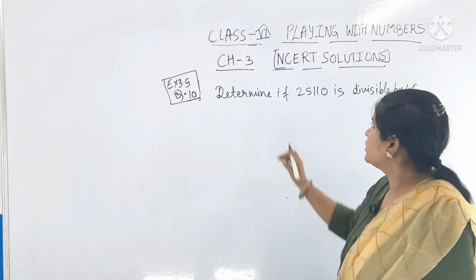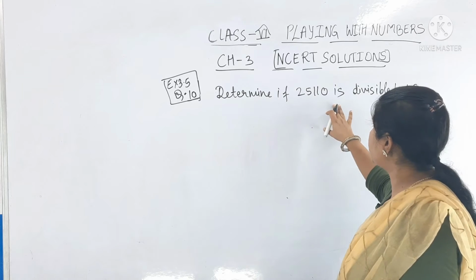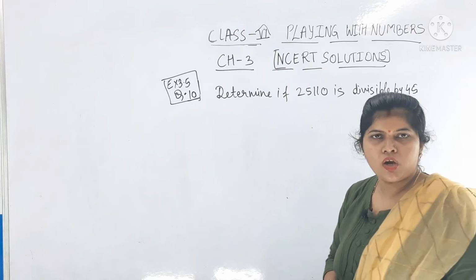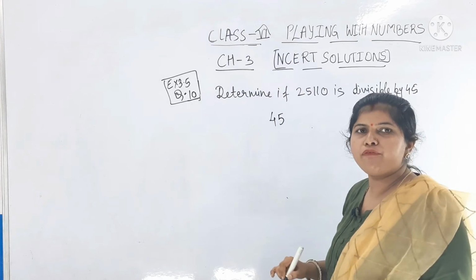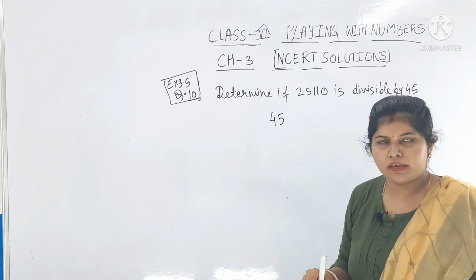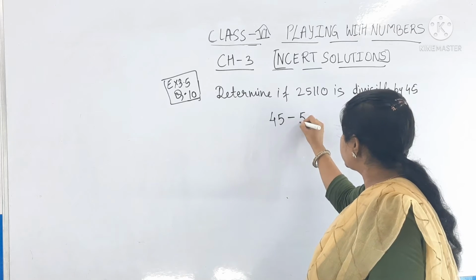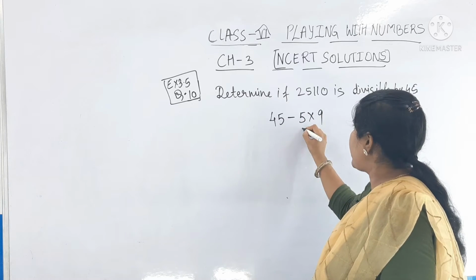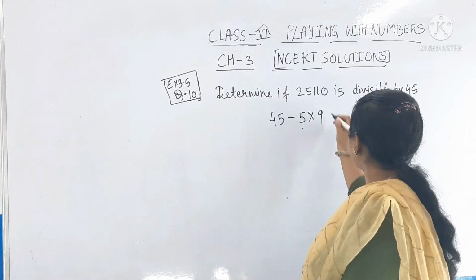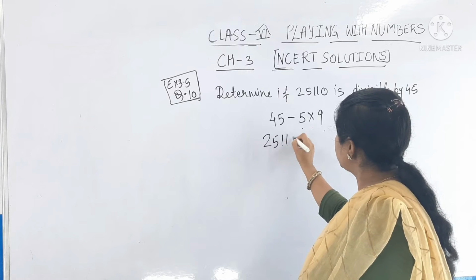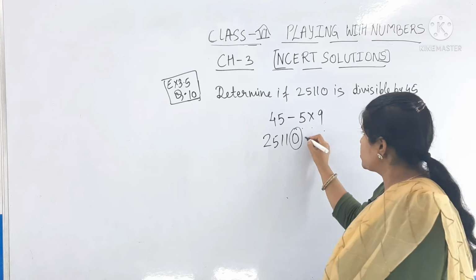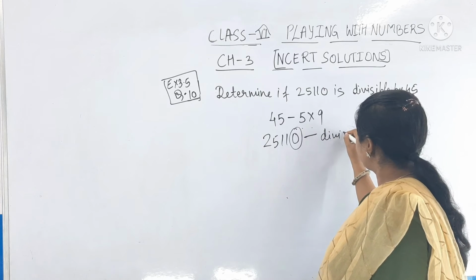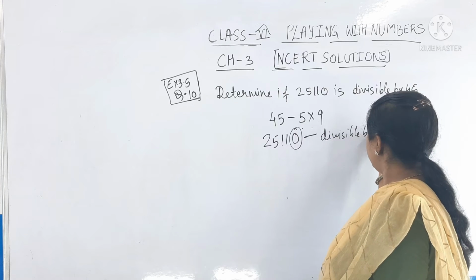You have to determine if 25110 is divisible by 45 or not. Okay, so for checking the divisibility by 45, we know that 5 9s are 45. So we have to check the divisibility by 5 and 9. Here in 25110, the last digit is 0, so it is divisible by 5, right?